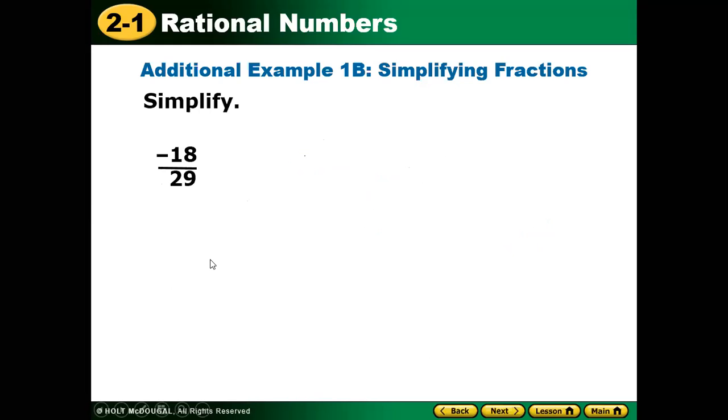How are we going to simplify this question, my dear students? Negative 18 over 29. How will we find the answer? Is there anyone who can tell me?